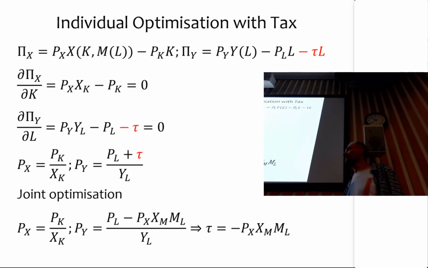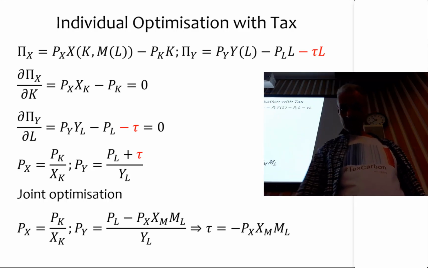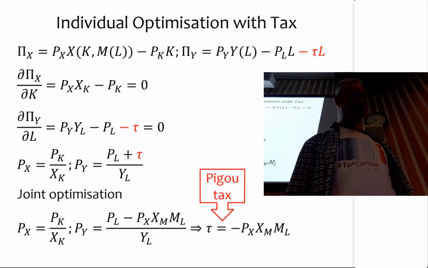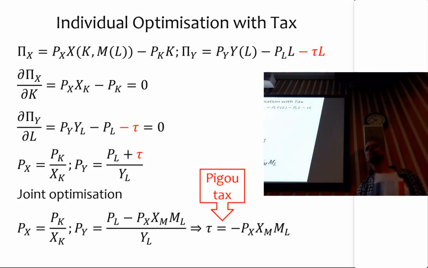The minus sign here is because this effect is negative. If there's more congestion, if there's more workers, then production goes down. So this term is negative, so the tau becomes positive, right? Don't get confused there with my signs. Now, this particular tax is called the Pigou tax.